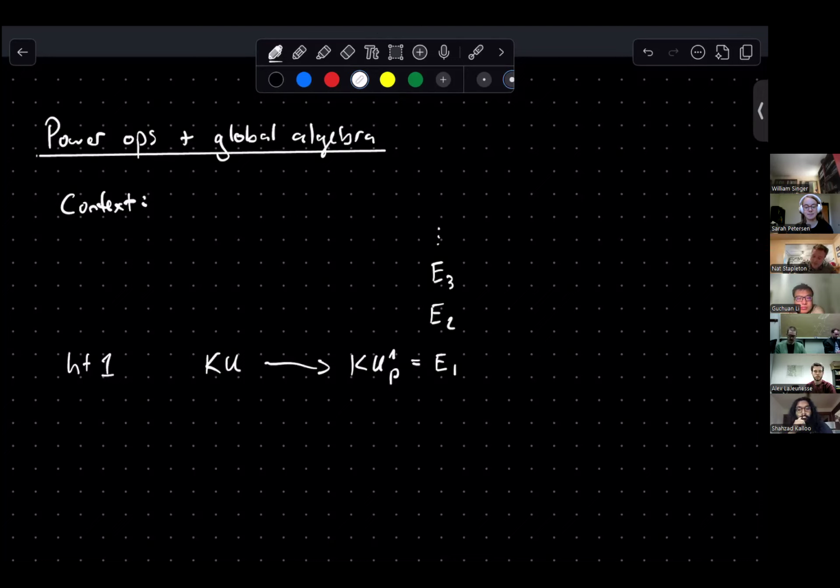And up at infinity is singular cohomology with coefficients in FP. And mapping to all of these things is the sphere spectrum. These are all E infinity ring spectra, and the sphere maps to everything.